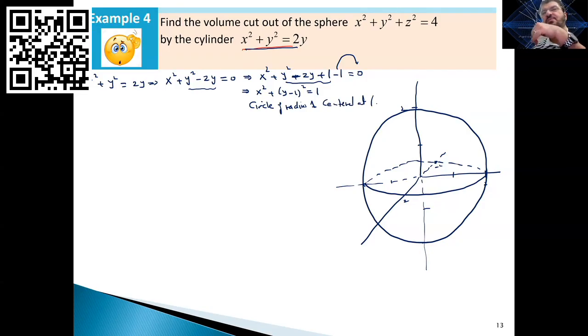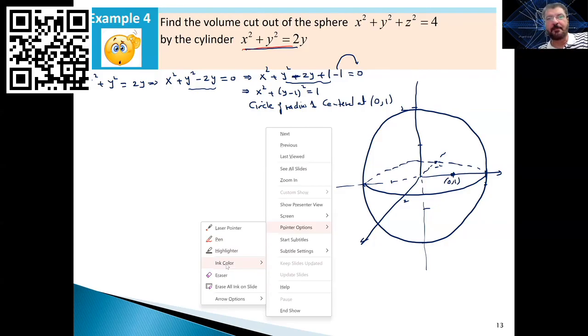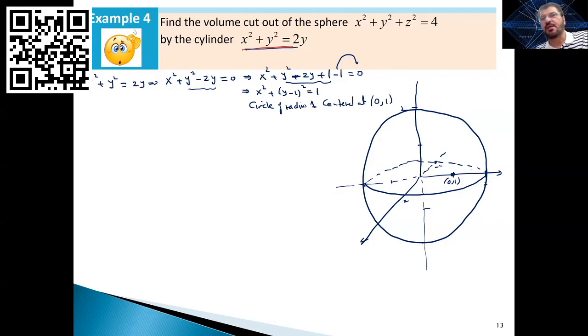Well, here x minus 0, which is 0, and 1. Here is, by the way, the point. This is on the x-axis 0, on the y-axis 1, right? So what do I have here? I'm going to graph this circle in red. Here is our circle of radius 1, centered at 0, 1.